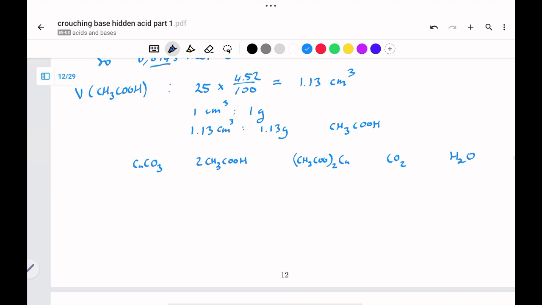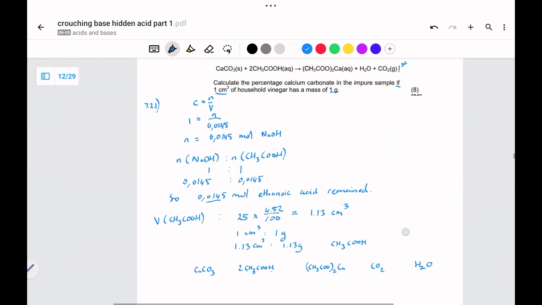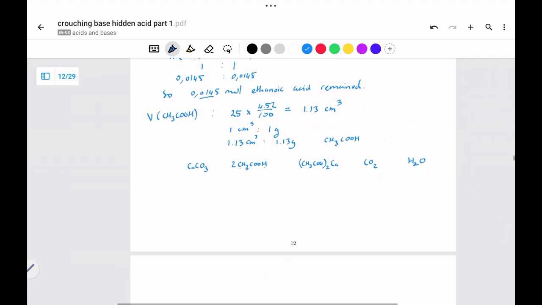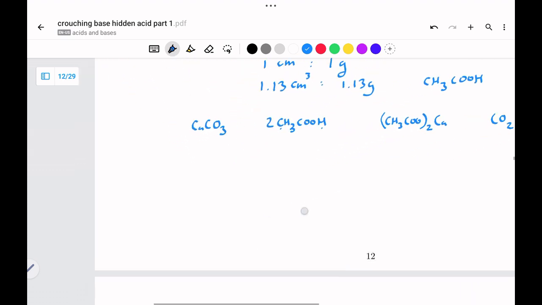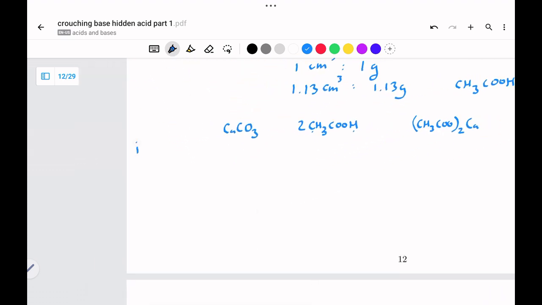And then to balance, 2 ethanoic ions, 2 ethanoic ions, 1 calcium, 1 calcium, 1 carbon, 1 carbon, and then hydrogens. 2 of them here, 2 of them here. Is that balanced? Yes, it is.